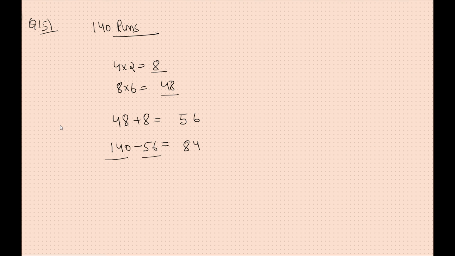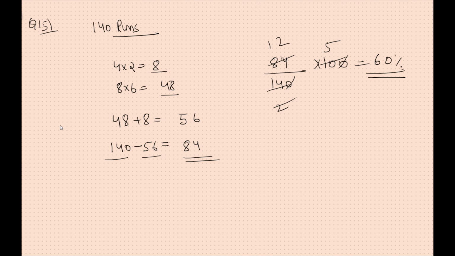So 84 runs he scored by running between the wickets. So 84 upon total score into 100, you will get 60% of his runs are scored by running between the wickets.